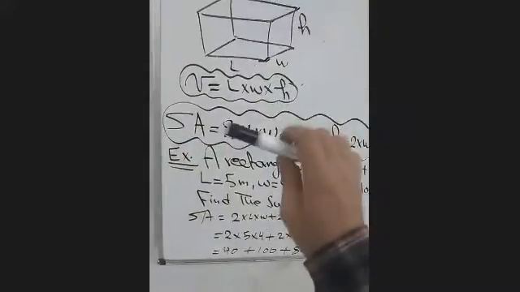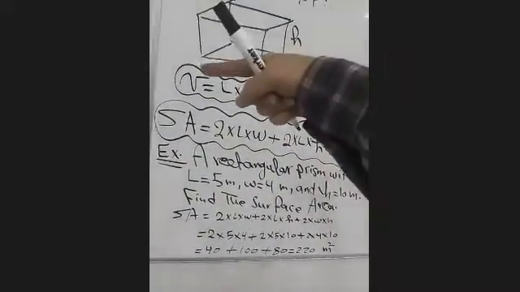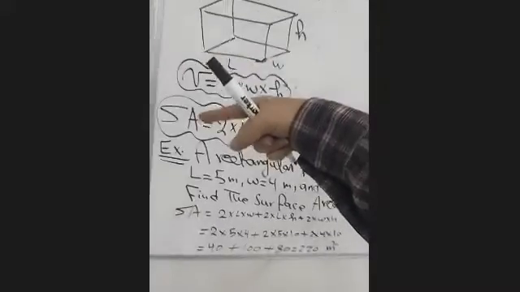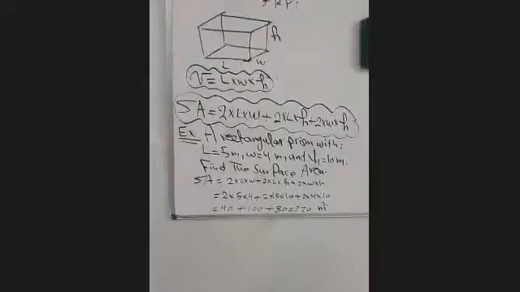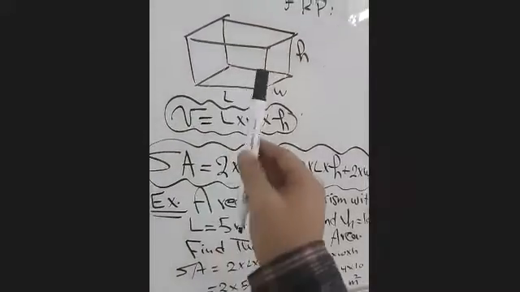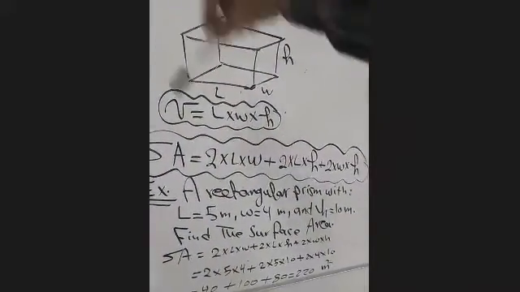So for a rectangular prism, for now, we can find two values for it, the volume and the surface area. The volume is how much space inside it. Surface area is the total area of all of its faces outside.